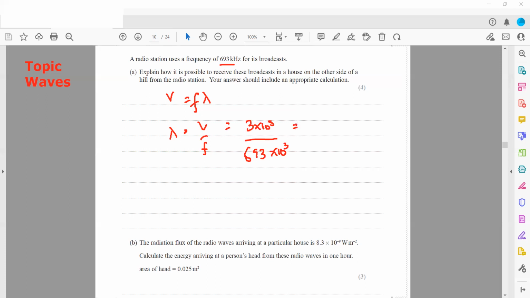When we divide these two, we get the wavelength, which is 433 meters. That is a very long wavelength.